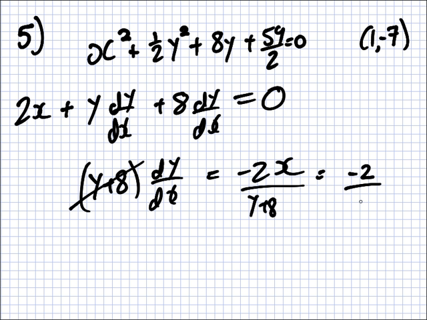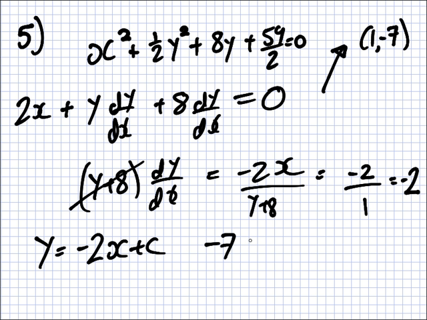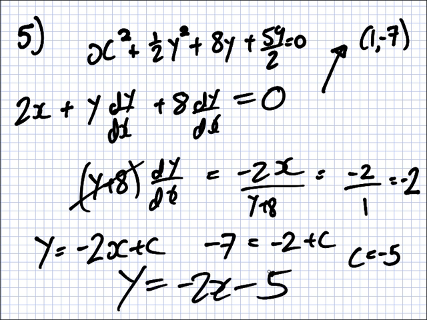But y is minus 7. So that's 1. So that's equal to minus 2. So the tangent is y equals m, which is minus 2, x plus c. Now I have to sub in this point. Minus 7 equals minus 2 plus c. So c is minus 5. Now I have my answer. Y equals minus 2x minus 5. This is a typical exam question on implicit derivatives as well.